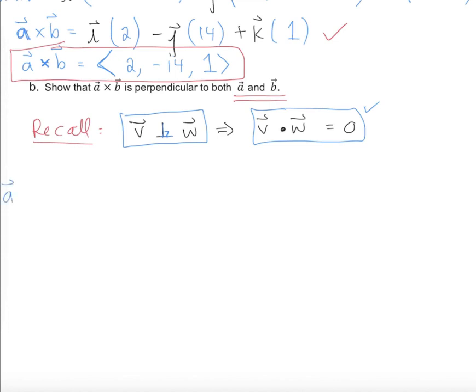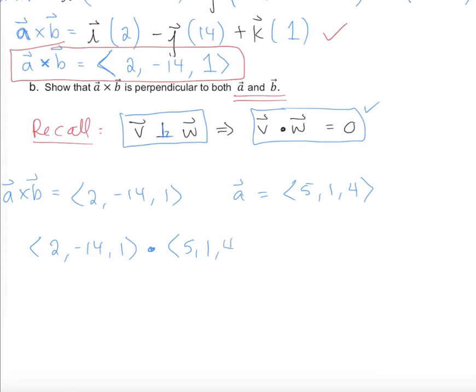So A cross B is equal to 2, negative 14, and 1. Vector A, if we'll recall, was 5, 1, 4. So let's look at 2, negative 14, 1, and we're going to dot that with 5, 1, 4.